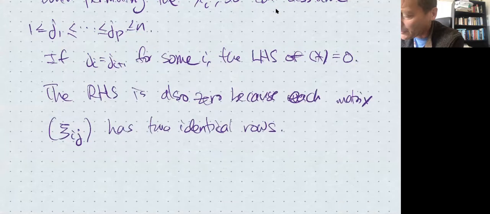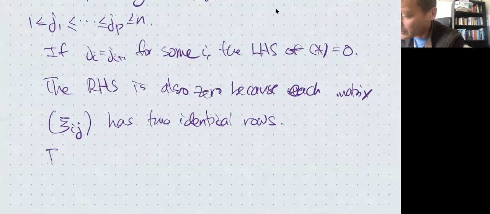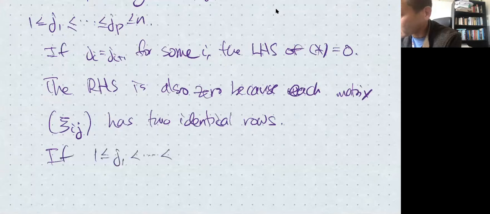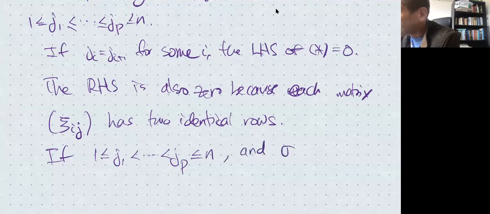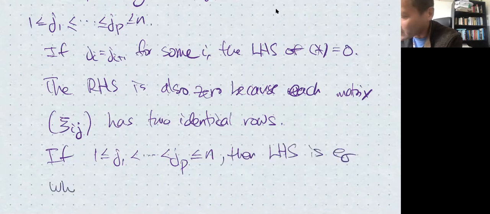What happens if we have strict inequalities? And sigma happens to be exactly that, then the left-hand side is exactly E sigma, where sigma is this multi-index.